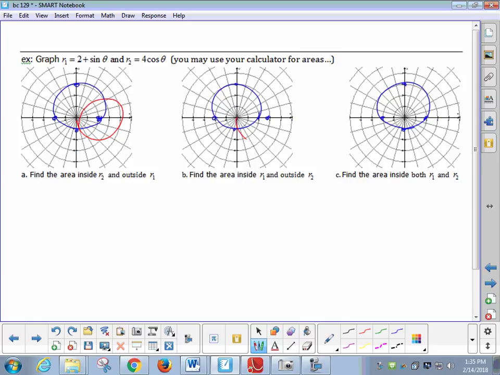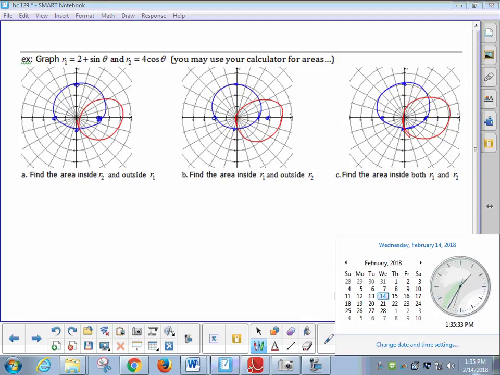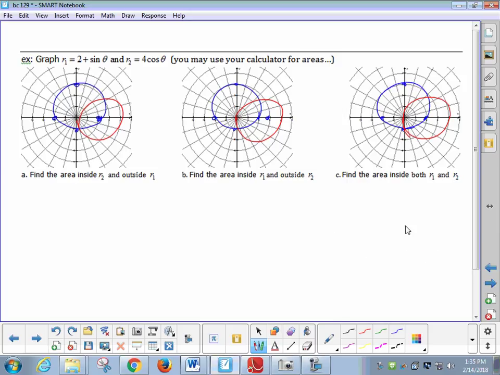Are you ready? I'm still drawing. We're not going to be graded on the accuracy of your graphs. We're running low on time.